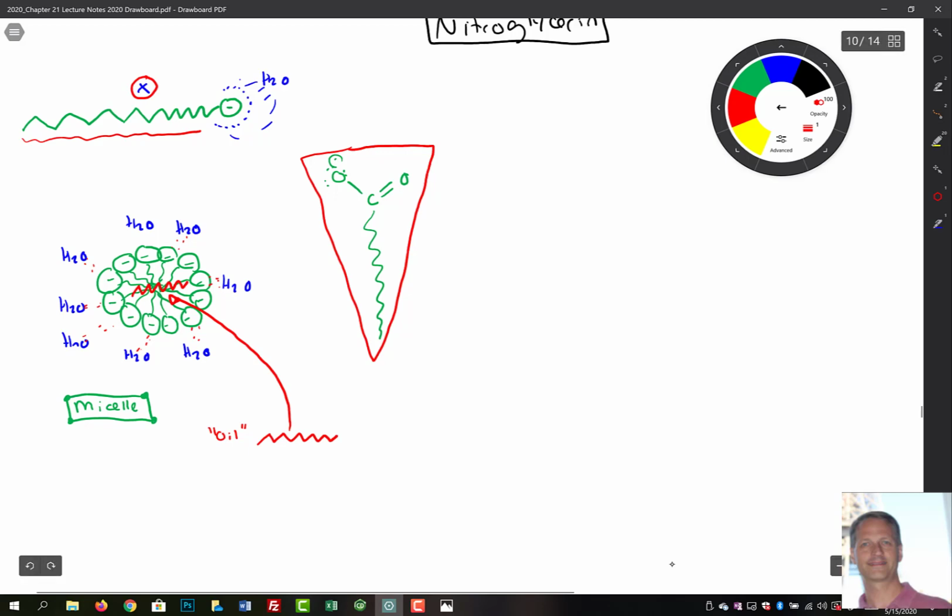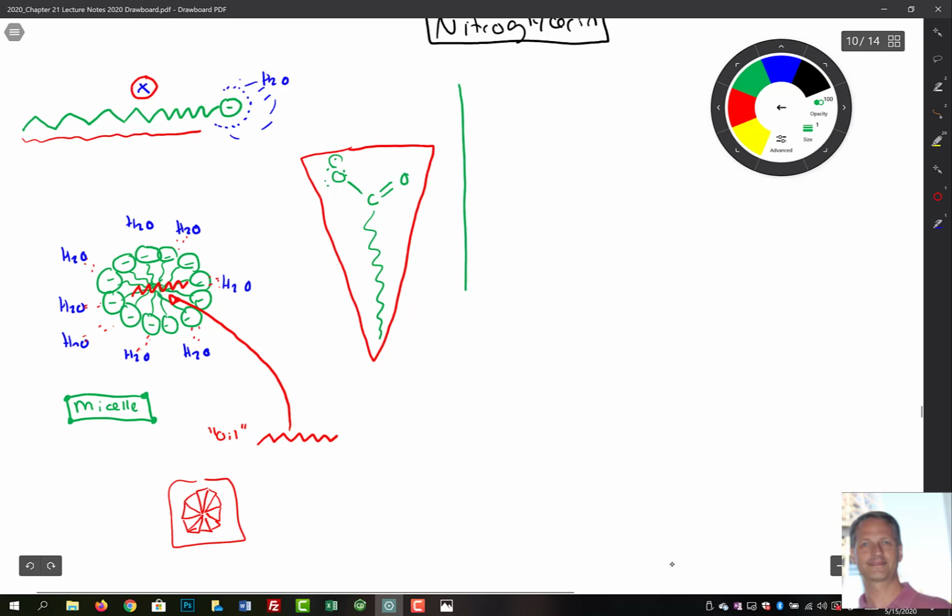So because of this shape, when we add these things together, when they try to form into clusters, you end up getting essentially all these little pizza slices, right? Forming these cyclic kind of structures like this, right? So they want to bend around on each other to form these little micelles.